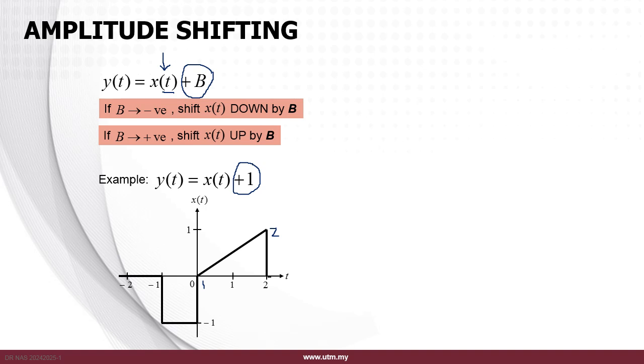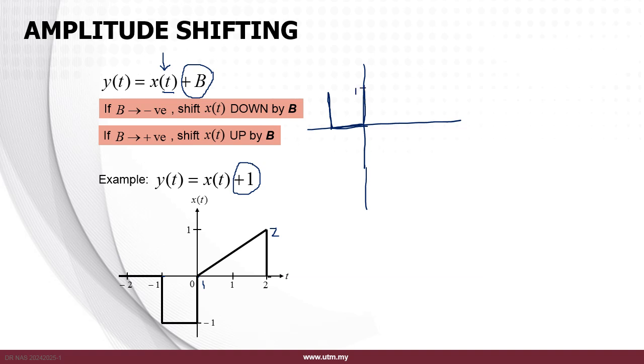So let's draw how this signal looks. Everything will be shifted up by 1. So -1 now becomes 0. Okay, so here 0 becomes +1. And then here 0 becomes +1.